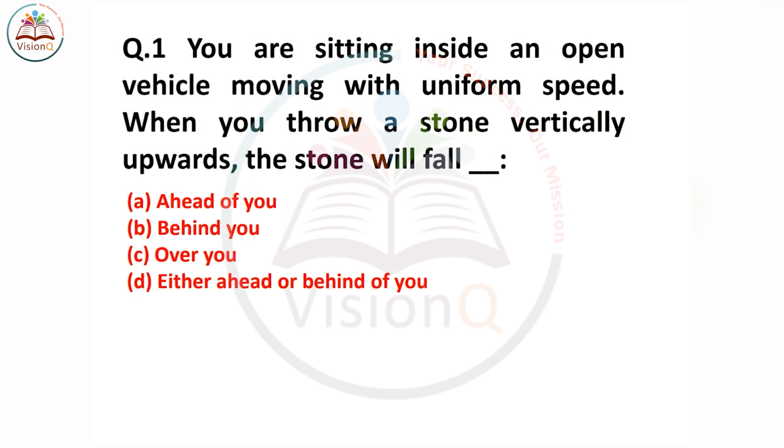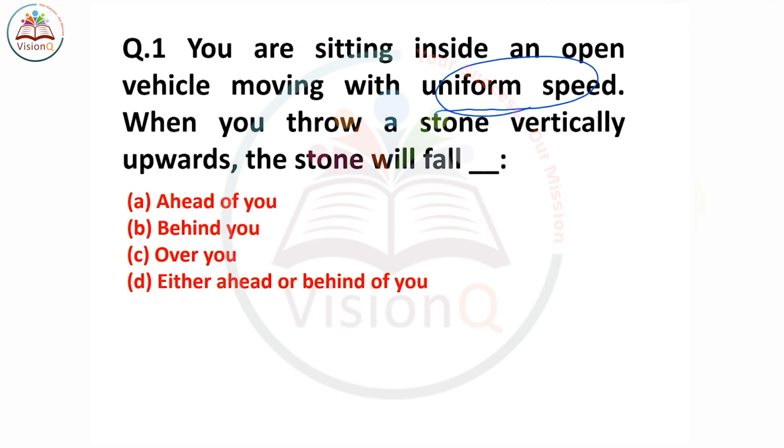So this is the first question, number one. The question is based on physics. You are sitting inside an open vehicle moving at uniform speed. When you throw a stone vertically upwards, where will the stone fall? In this case, since the motion is uniform speed, it is given that the speed of the body is uniform, and you are moving in an open vehicle.